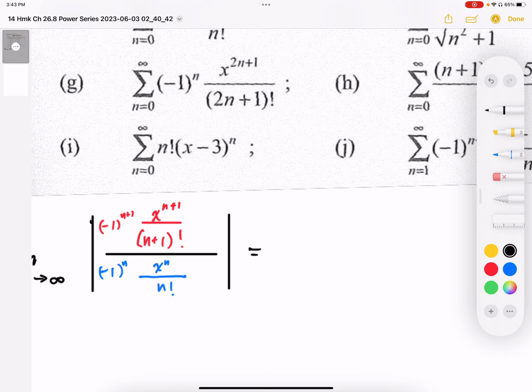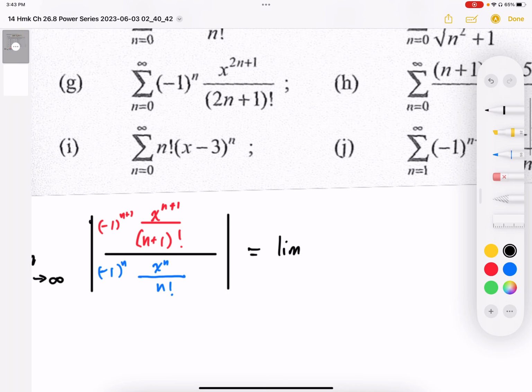Okay, so we're going to have the limit as n approaches infinity, and we're going to group some of these terms. If we group the -1 terms, the (-1)^n's cancel out, so we end up with a -1 left over from that.